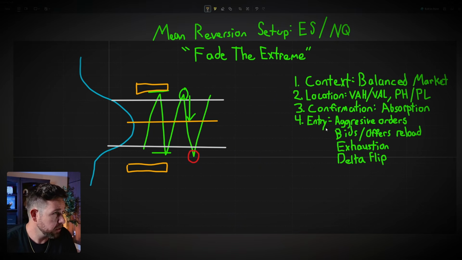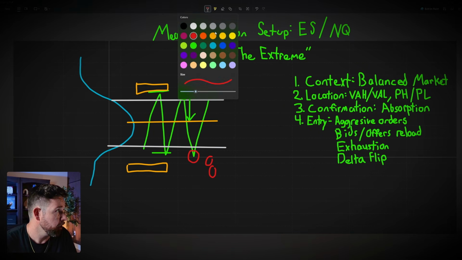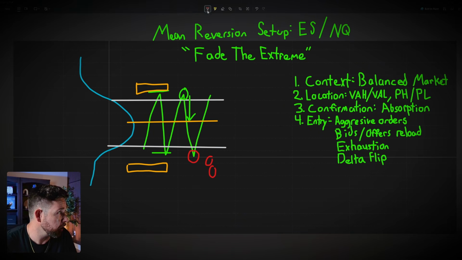Now, in terms of entry signals, this is the moment that I see the aggression get absorbed and start to flip the opposite direction. What I first look for is a surge of negative delta, or positive delta if it's at the high, of aggressive sellers trying to break down that low, getting absorbed by large passive participants placing limit orders, absorbing all the aggression.